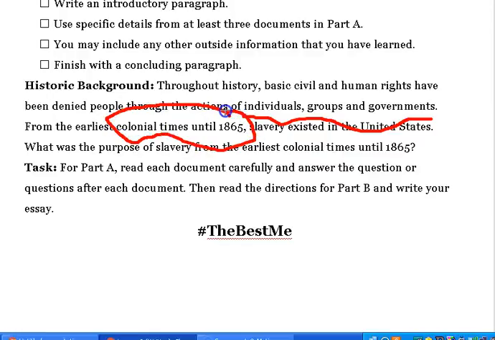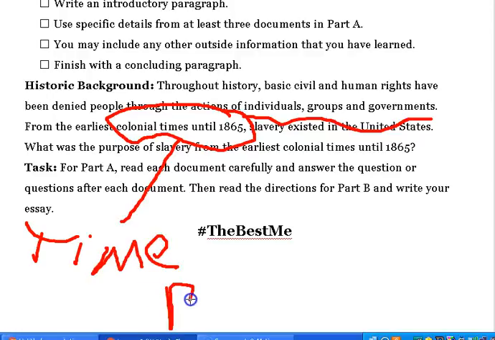This is the time period. Be thinking of that when you write your essay. Time period.